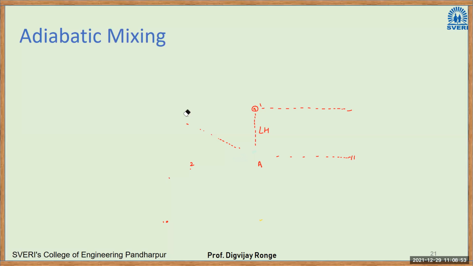So let me erase this point here. Unless you practice on your own on the psychrometric chart, you will not get confidence. I have already given you a PDF of the psychrometric chart. You have to download it and study it.